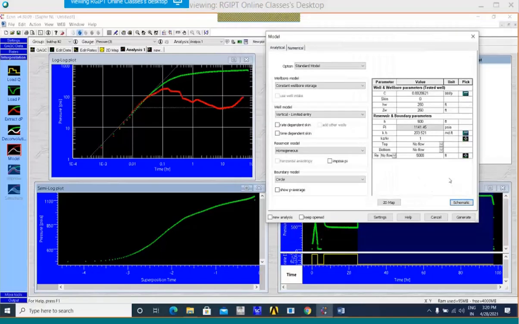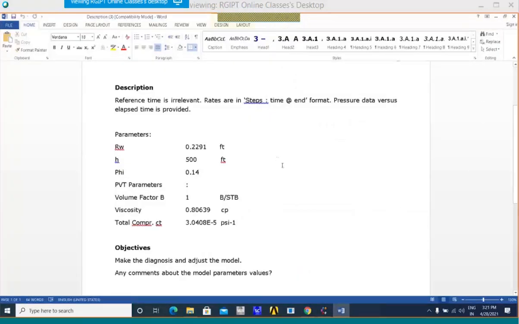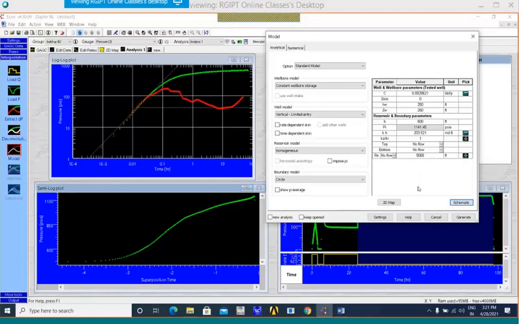The model is proposing HW as 250 feet, ZW is 250 feet. Because if I go with the description, nothing was given to me, so I will take the default values, because anyhow the simulation will take care of these HW and ZW values also. Okay. So let us generate.